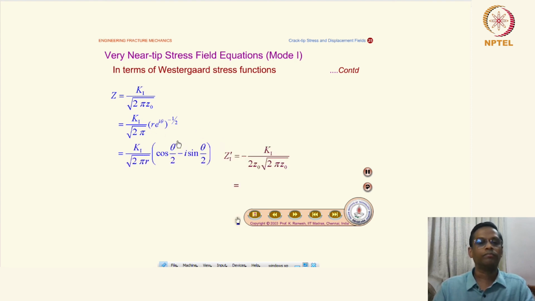So r e to the power i theta can be recast in terms of cos theta and sin theta like this. And Z1 prime is minus K1 by 2 z naught times square root of 2 pi z naught, which can be written like this.